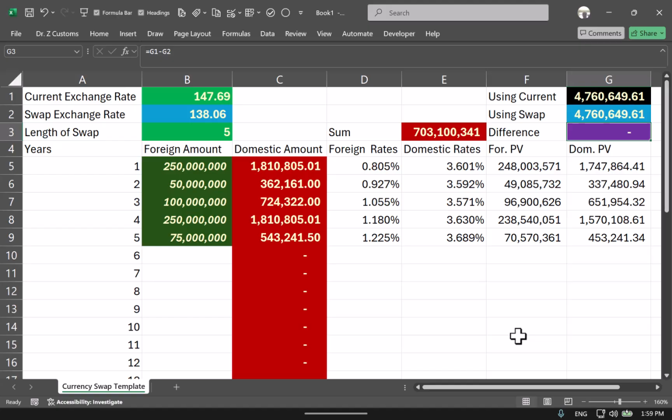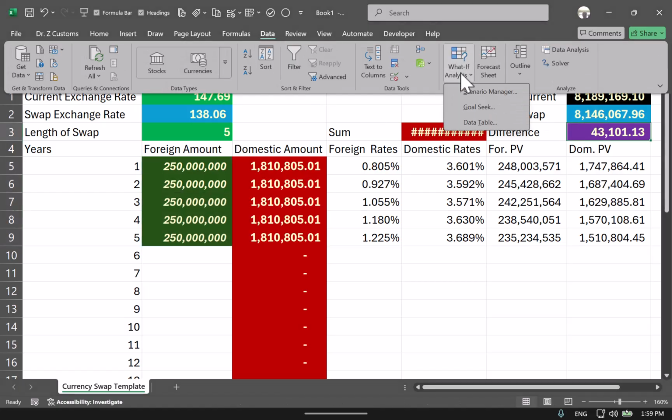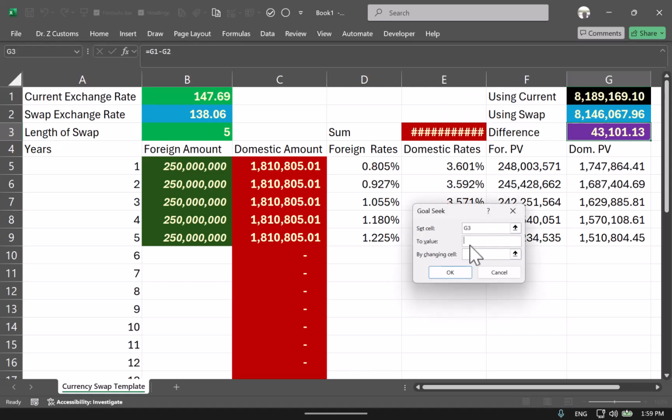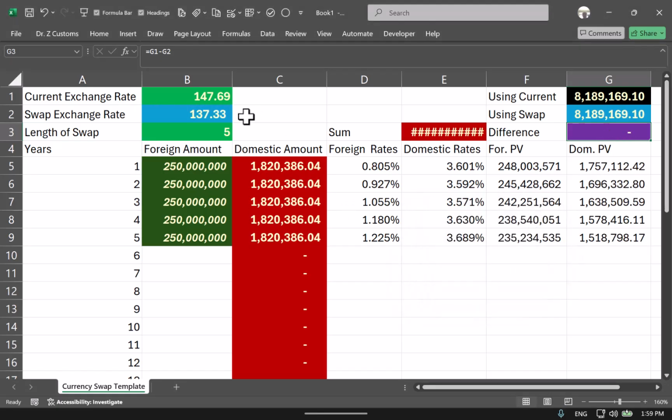If it's equal, obviously, I need to do this again. So one's 37.33. So whatever your future currency payments are, or whether you're getting it or paying it, doesn't matter.